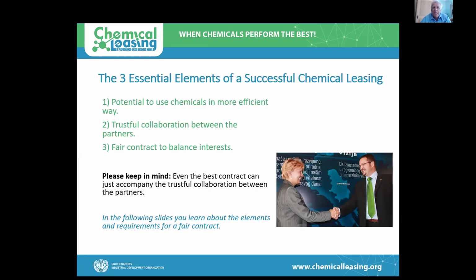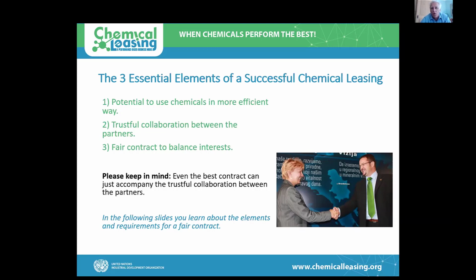There are 3 key elements for a successful chemical leasing. First, there is a potential to use chemicals in a more efficient way. If this is not possible, then chemical leasing does not work. And most important, if there is a potential, then you need a trustful collaboration between the partners.